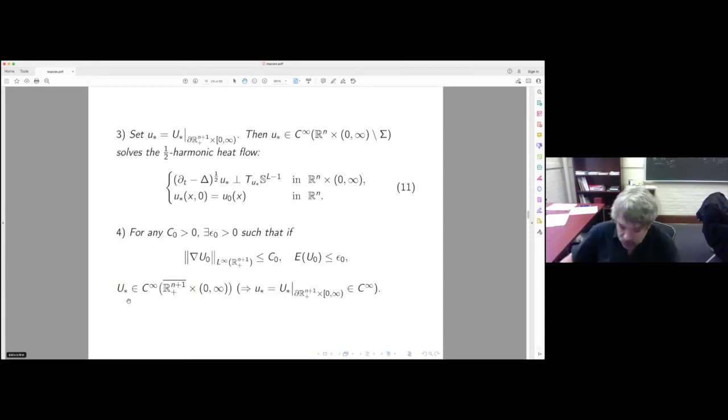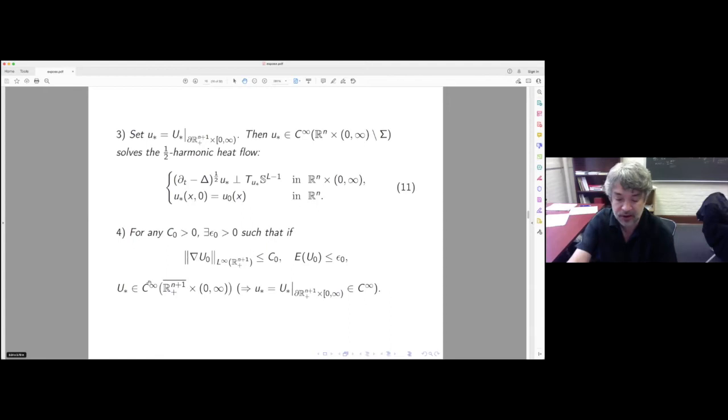This is something which was already understood for the heat flow of harmonic maps. Not in the original paper of Eells and Sampson, they didn't have the tools, but after that, this is the concentration of energy contributing to the appearance of singularity.